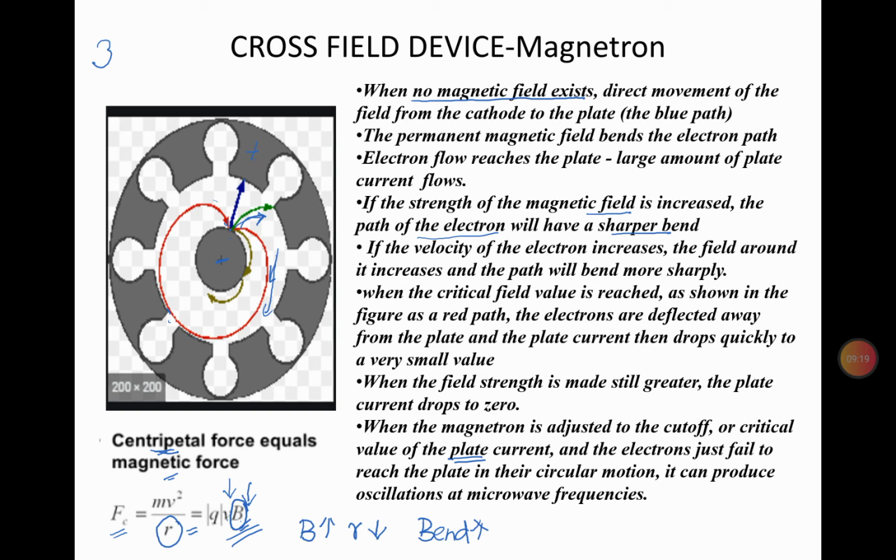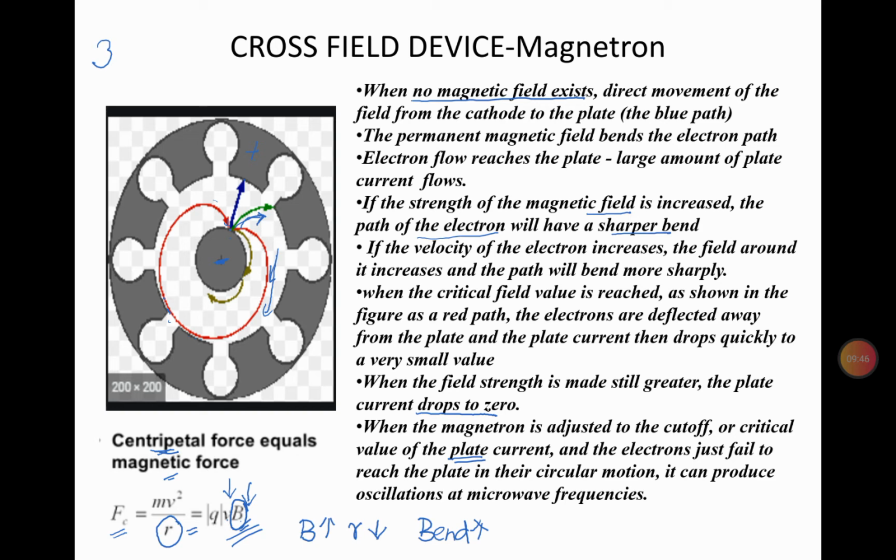But when you look at this red colored path, electrons are emitted by the cathode. For that value of magnetic field, the electron just grazes the anode and comes back to the cathode. So they are not reaching the anode or the plate, or contributing to any current. So at this particular value of magnetic field, the current drops to 0.